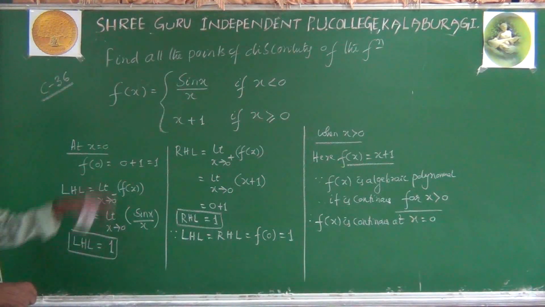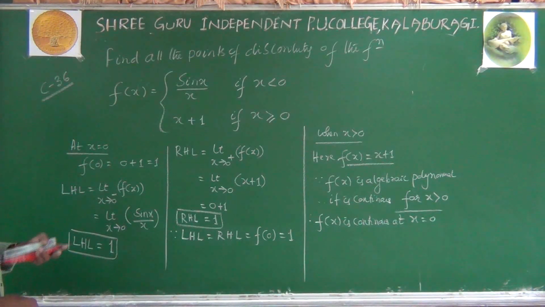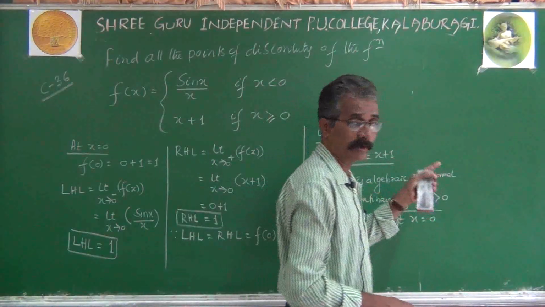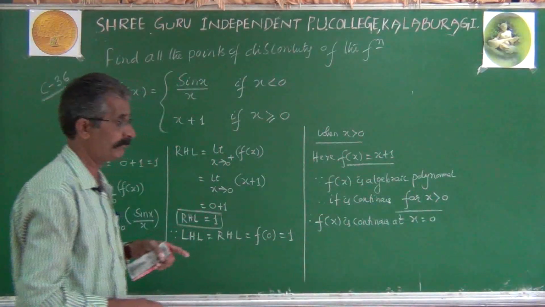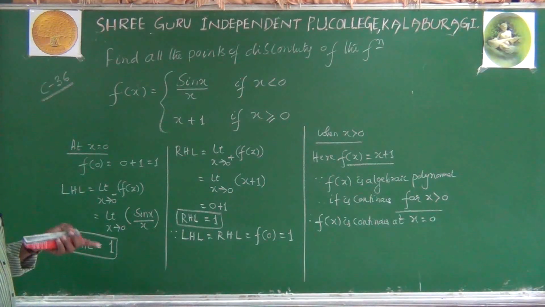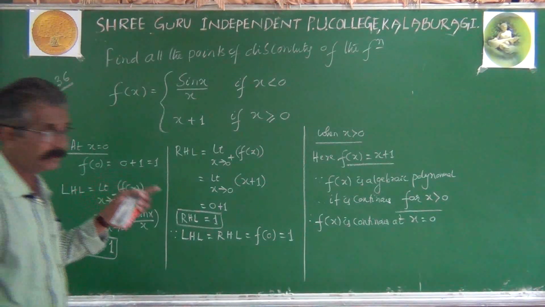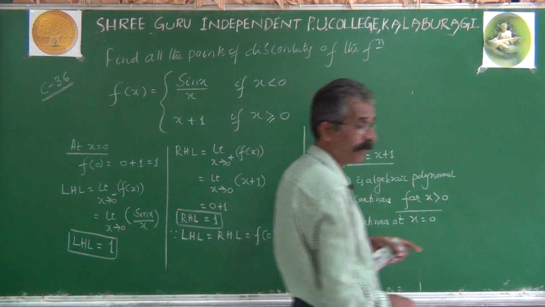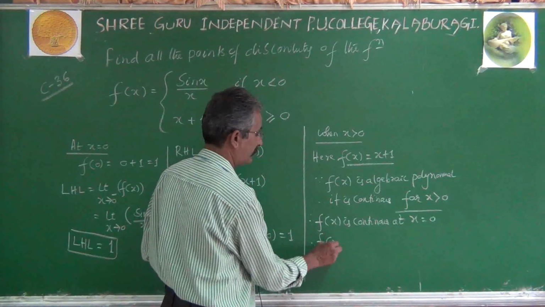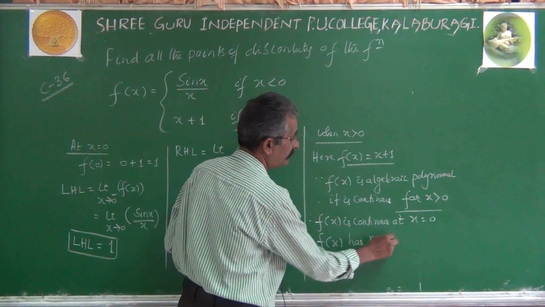That means this function does not have any point of discontinuity; the number of discontinuity points for this function is 0, because for x less than 0 continuous, for x greater than 0 continuous, and at x equal to 0 also continuous. Hence the number of discontinuity points is 0 here. Therefore, f x has no point of discontinuity.